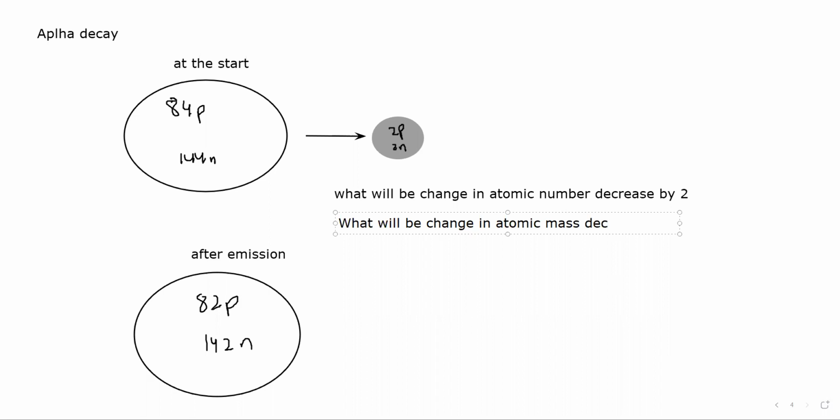Why? Because 2 protons and 2 neutrons are emitted. The neutron number decreased by 2, but atomic mass is the sum of neutrons and protons, so it decreases by 4, while the proton number decreases by 2.